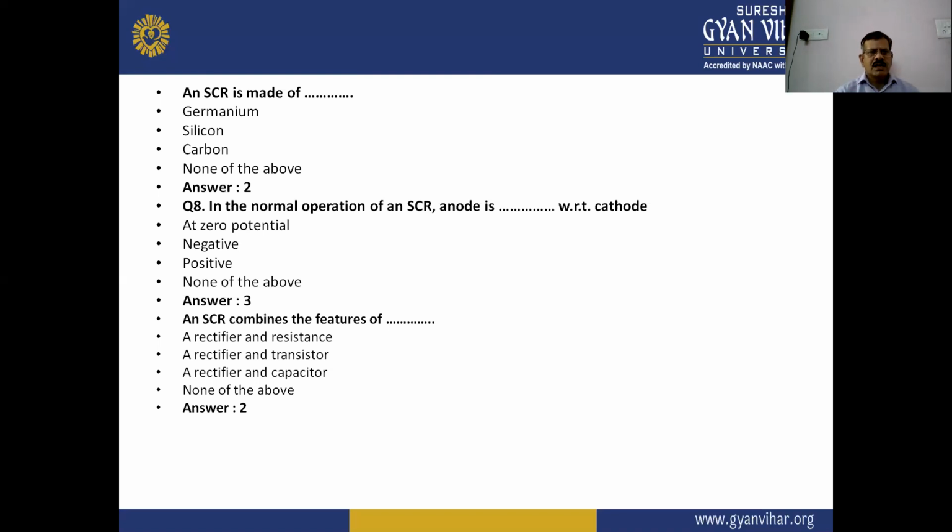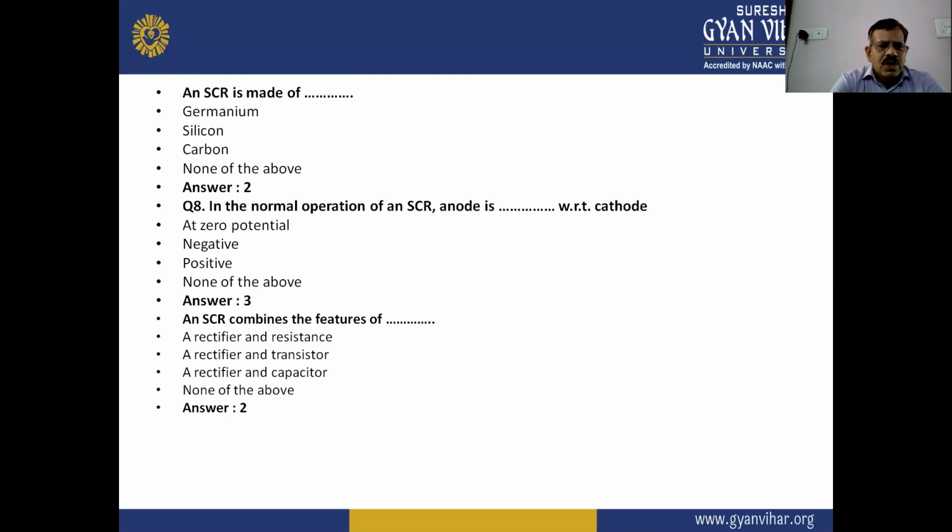So here the correct answer is silicon, because silicon and germanium are both semiconductor materials generally used to make semiconductor devices such as transistors, SCRs and diodes.